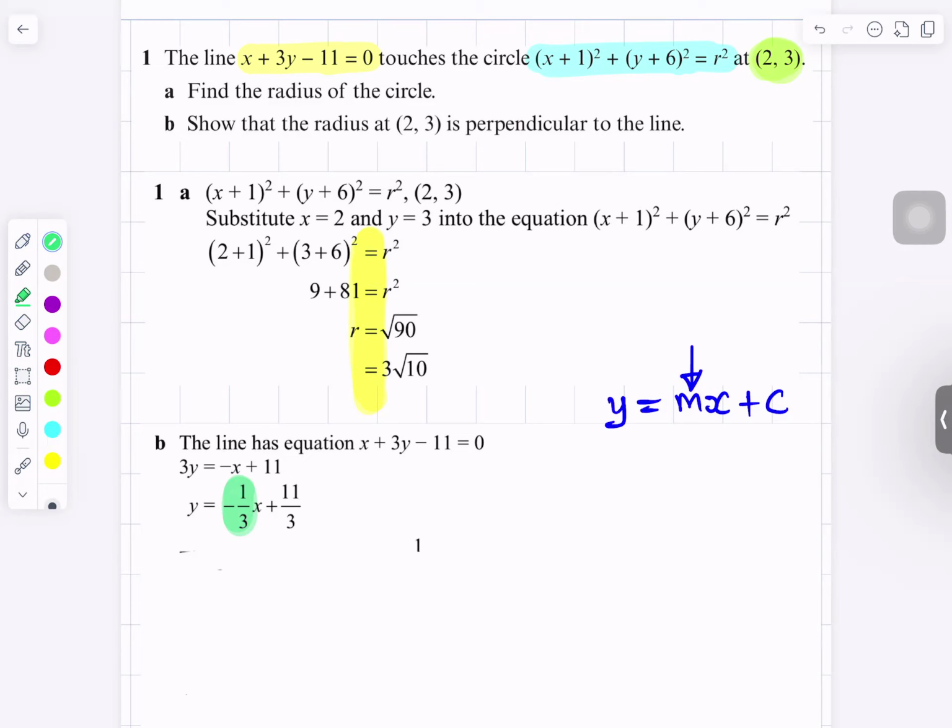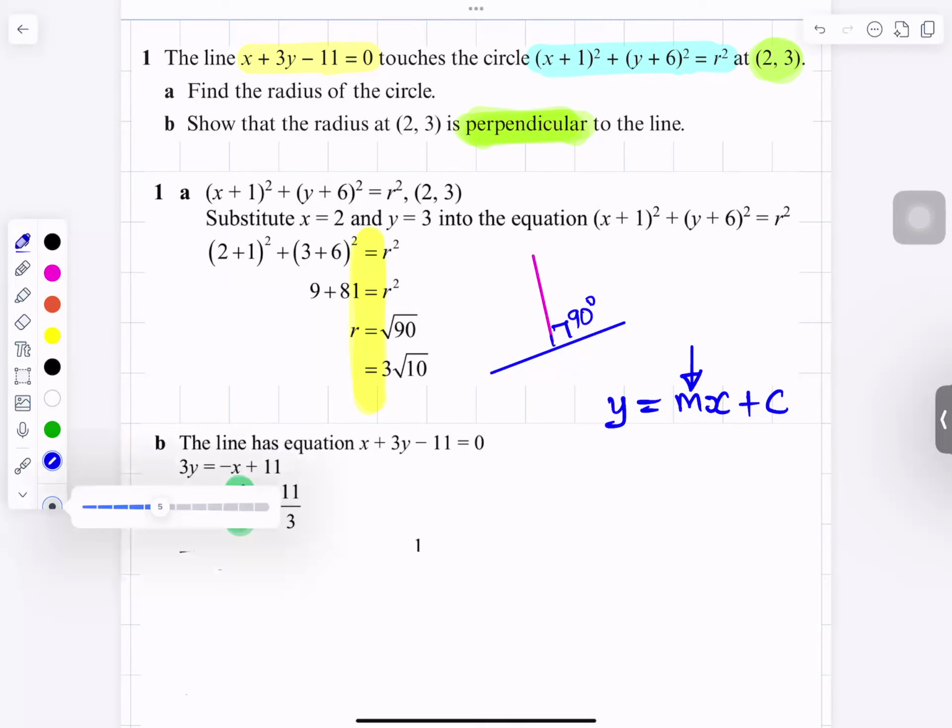Now, how do we show that two lines are perpendicular? I put the radius in pink and the other one in blue. Perpendicular means the angle between them is 90 degrees.